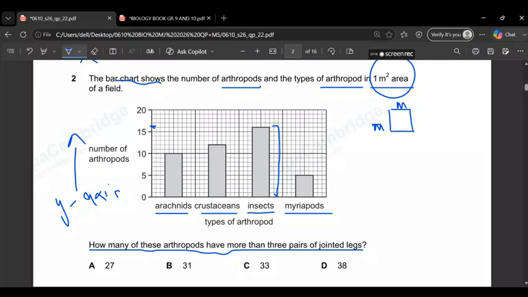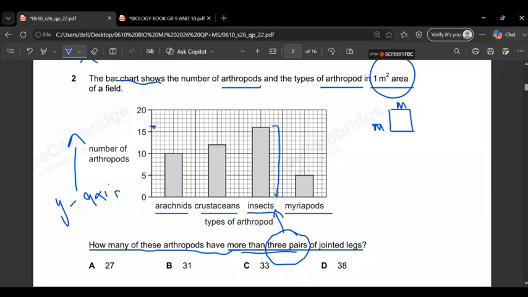Rather, you have to talk about how many arthropods altogether have more than 3 pairs of jointed legs. So if you go back to your syllabus, you know we have 4 main types of arthropods, and the 3 pairs of jointed legs is the ones we have for insects.